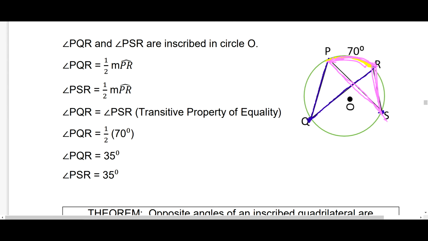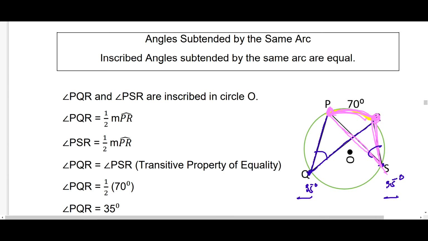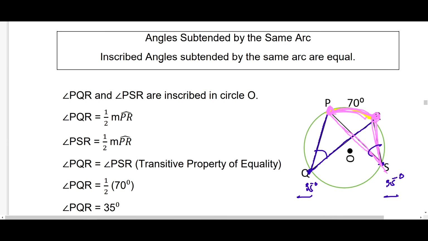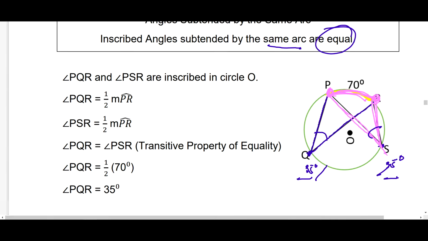Same lang sila ng tinatamaan. Therefore, if this is 70, automatic angle Q is 35 degrees. And angle S is also 35 degrees. Yun yung sinasabi dun na kapag same yung ini-intercept nila, then their measurements are also equal. Inscribed angles subtended by the same arc are equal. So, if this is 35, this is also 35. Sana clear sa inyo yan.